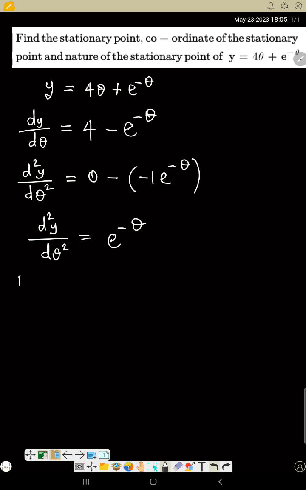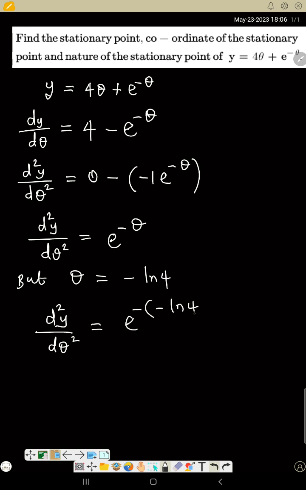Remember, theta is equal to minus ln 4. We found that. So put your theta here now. So d squared y over d theta squared will be equal to e raised to power minus ln 4, meaning anywhere you see theta, put minus ln 4. So we have d squared y over d theta squared equal to e raised to power ln 4.